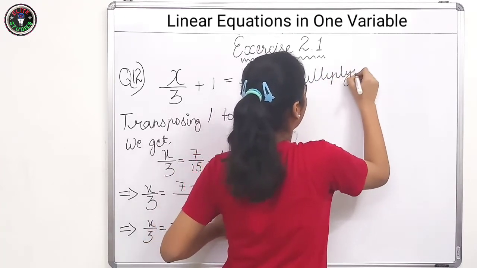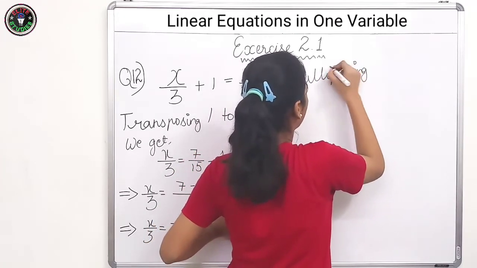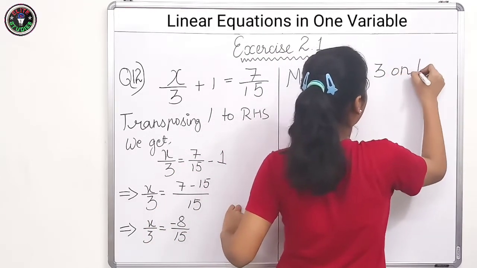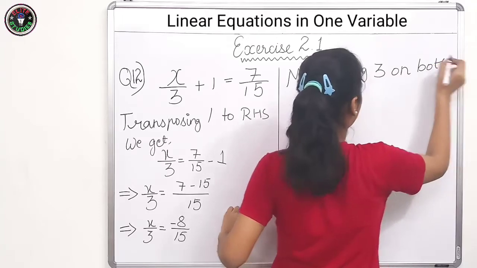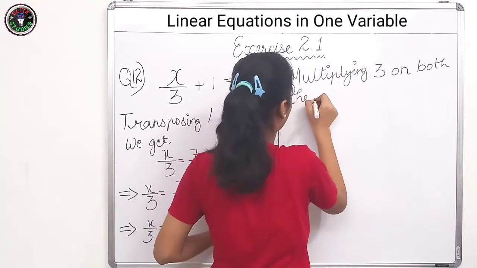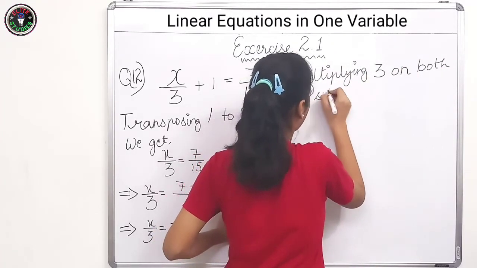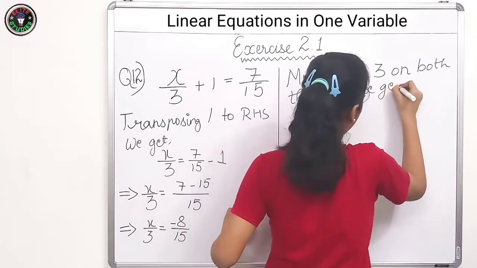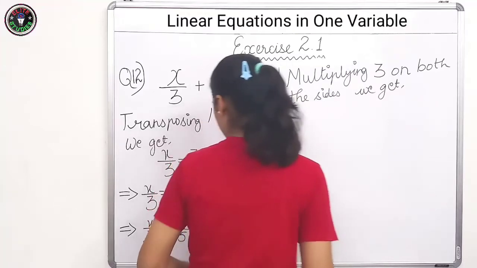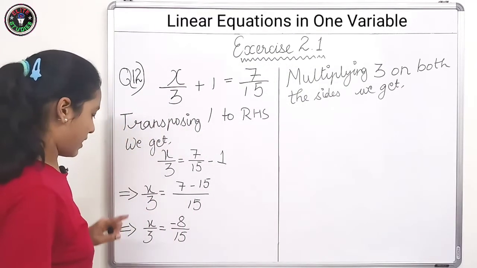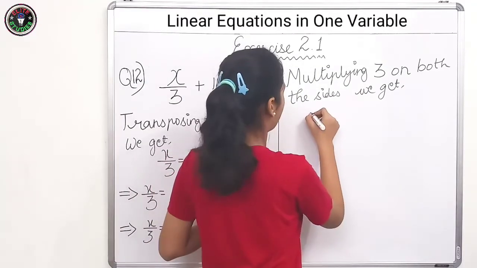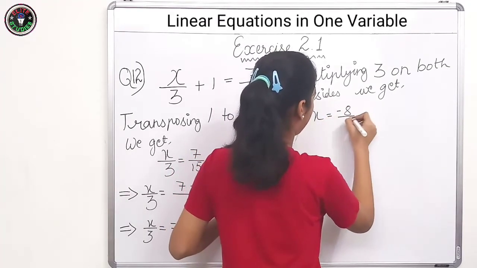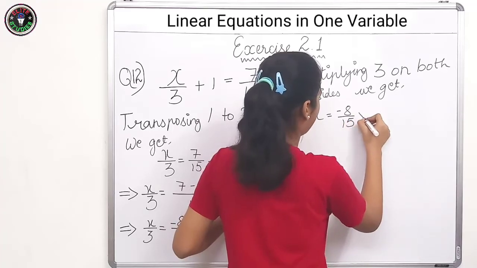Multiplying 3 on both the sides, we get this 3 and the 3 will be cancelled off. x is equal to minus 8 by 15 into 3.